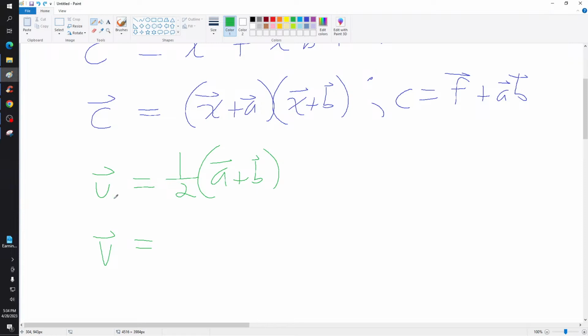The reason we do this is because the vectors U and V provide an affine basis, a two-dimensional basis, in which vectors A and B exist. So this defines the two-dimensional plane upon which both A and B lie. This is the bisector of the two input variables, and this is the difference between them.